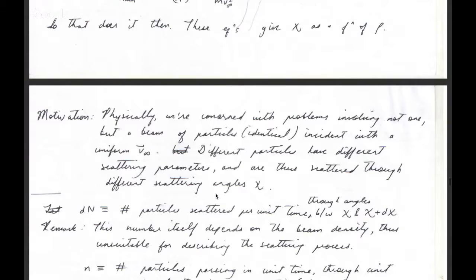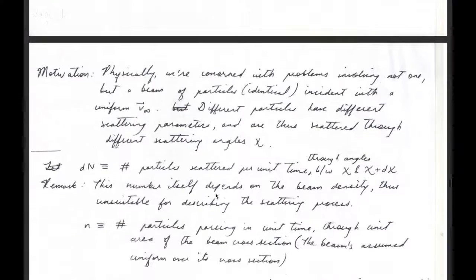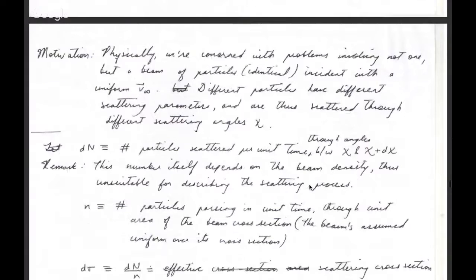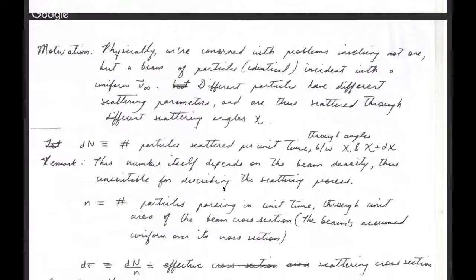Okay. So, let dn be the number of particles scattered per unit time through angles between chi and chi plus d chi. This number itself depends on the beam density, thus unsuitable for describing the scattering process. Can you read it again?